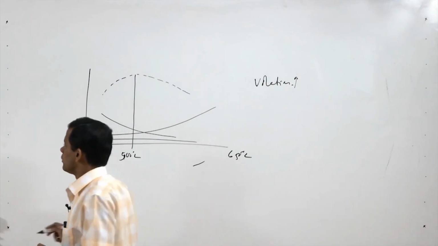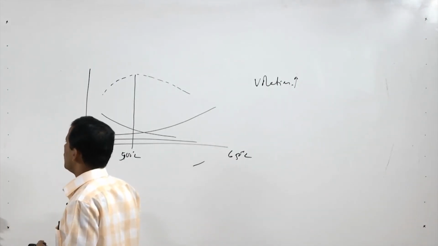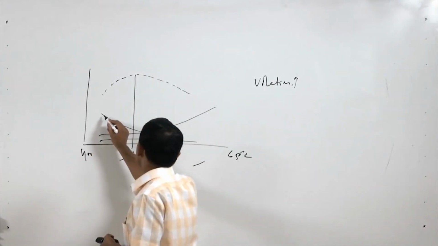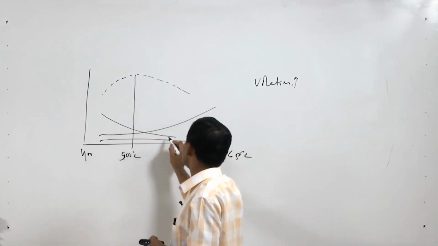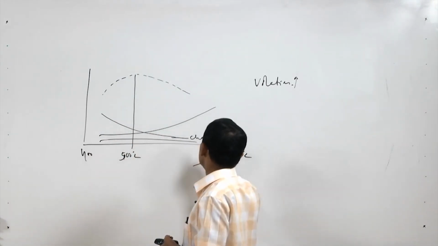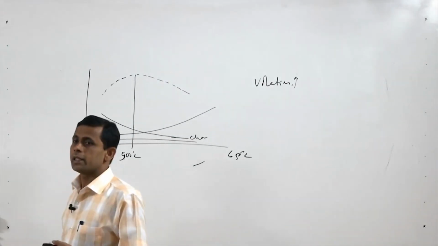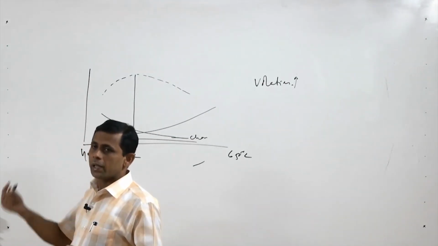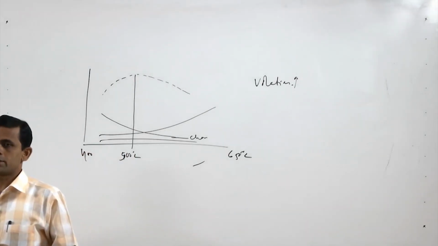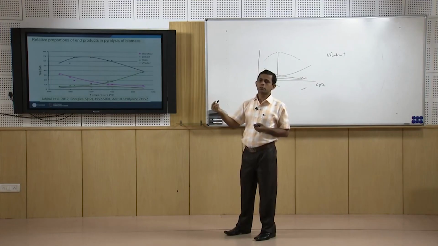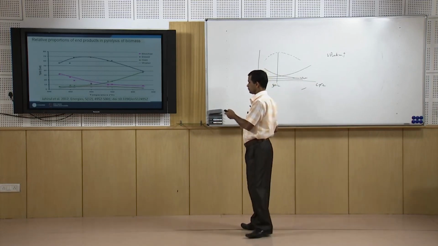Char decreases with increase in temperature, and gas increases because secondary reactions are going on in the volatiles, so more smaller molecules of gases are produced.